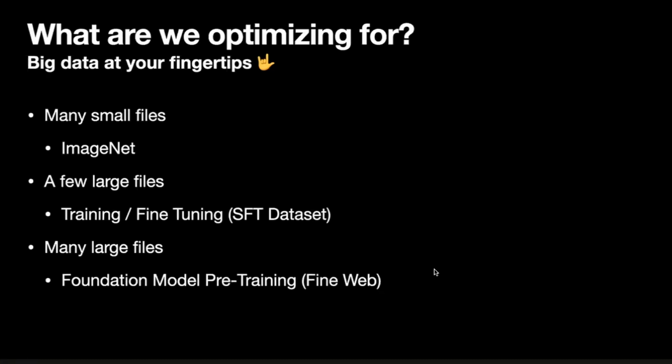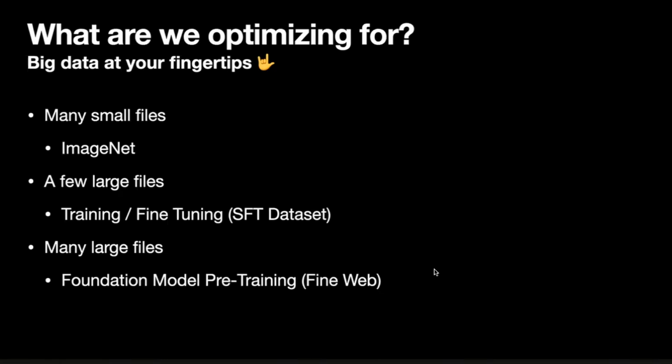And so we're optimizing for a few different things. Like I said, you might have a repository of many small files like ImageNet, a bunch of JPEGs in a bunch of different directories. We might have a few large files. There are smaller training data sets or fine-tuning data sets coming out today that might just be a CSV with 100,000 rows in it, so like a 1 gigabyte CSV of text that's going into your model.